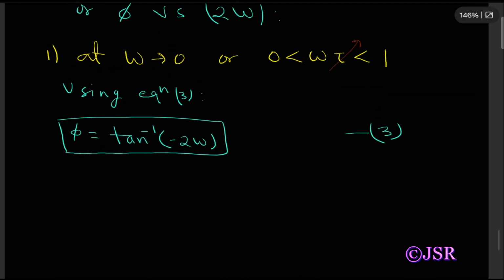here in this case tau is 2, right? So when the omega tends to 0, means tau omega lies between 0 to 1, in this case we will have this tends to 0. So phi will be equal to tan inverse minus 0, and that will be equal to 0.